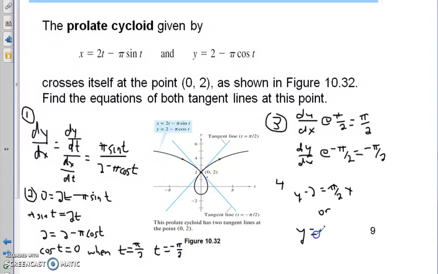And y minus 2 is equal to negative pi over 2 times x. And I can solve those for y. That's my final. All right, we'll pick up the next part of the lesson in step 2.